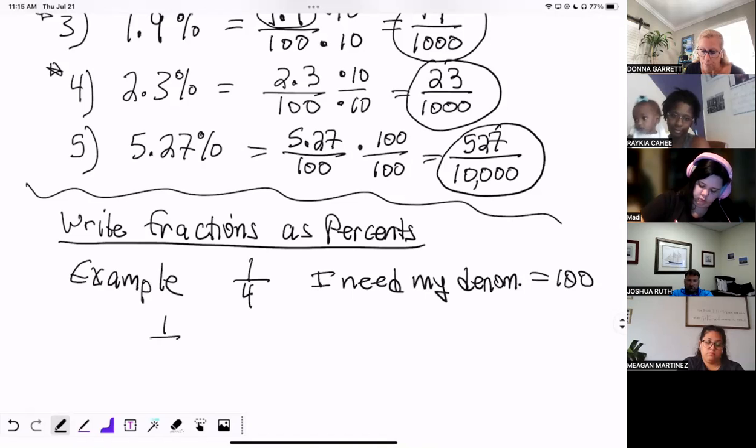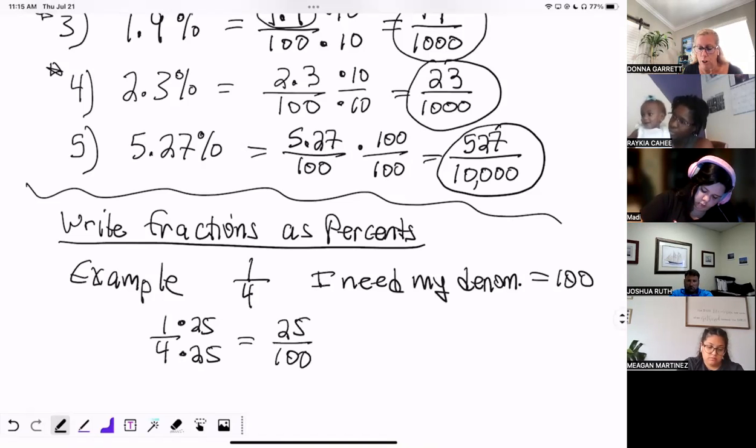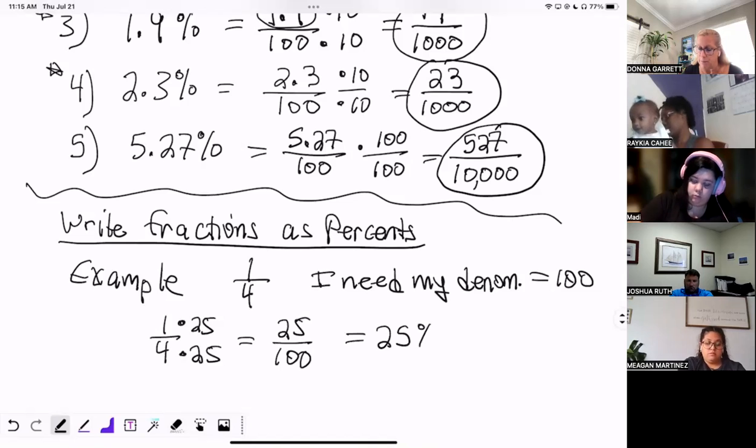So how can I make my denominator equal to 100? Well, 4, I can multiply by 25 to get 100. So I would multiply this by 25, and I would have 25 over 100. Now, remember, don't simplify it, because we need 100 to write it as a percent. That means I would have 25%.